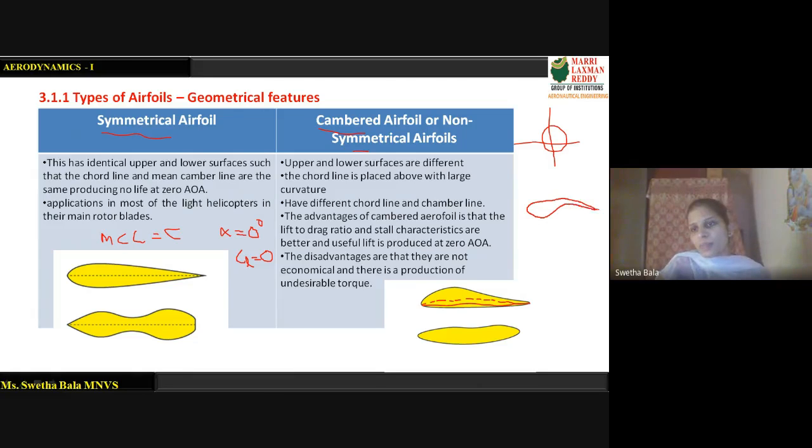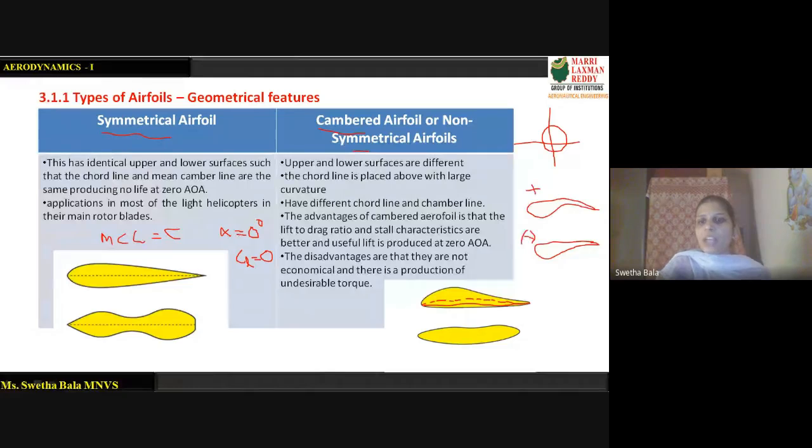One is positive camber and the other is negative camber. So as you can see, if the mean camber line is below the chord line, it is a negative camber airfoil. If the mean camber line is above, this is positive and this is negative. So positive camber and negative camber.